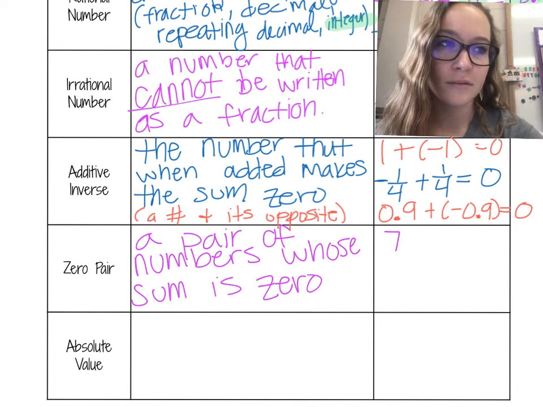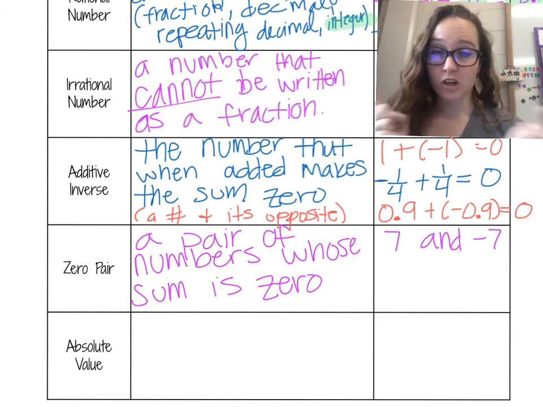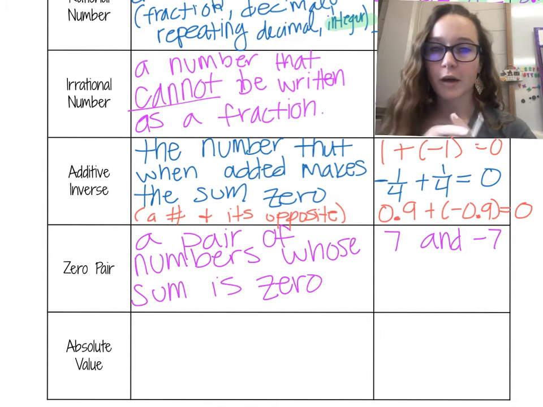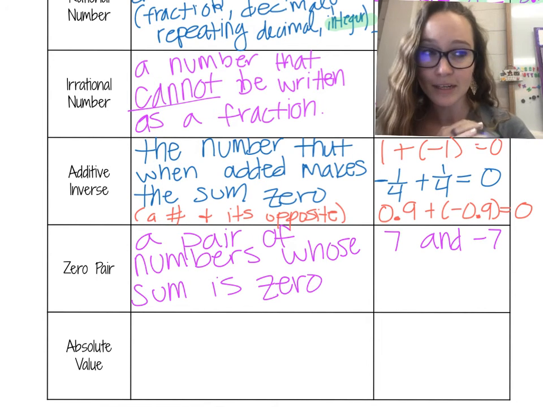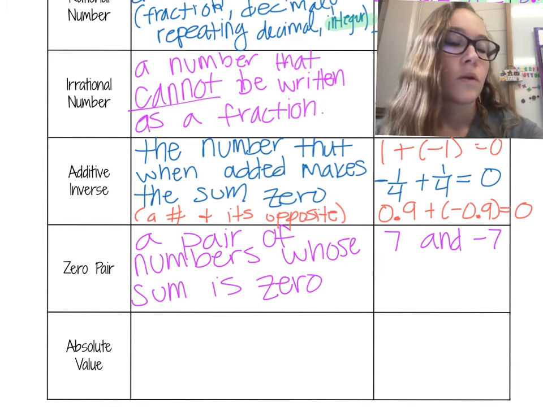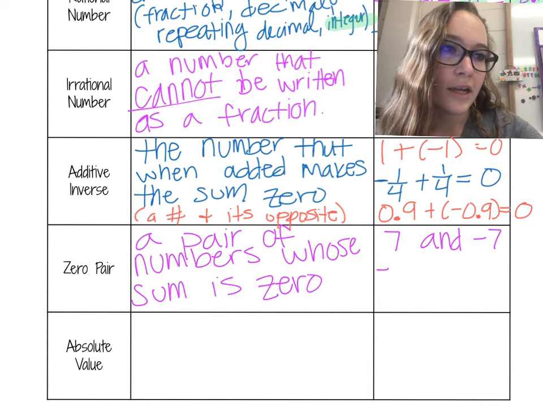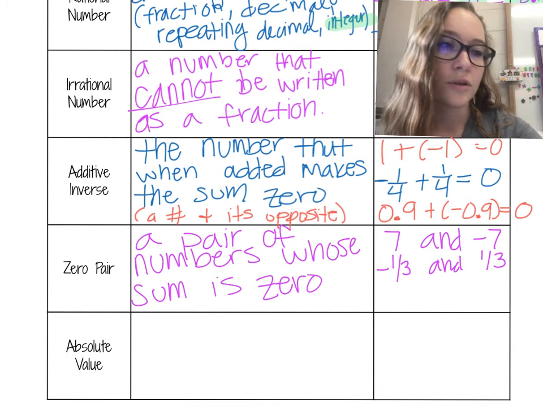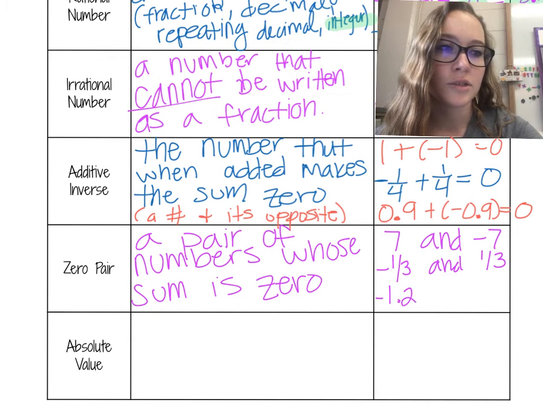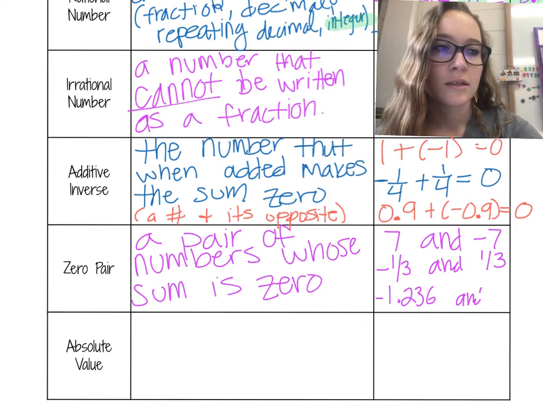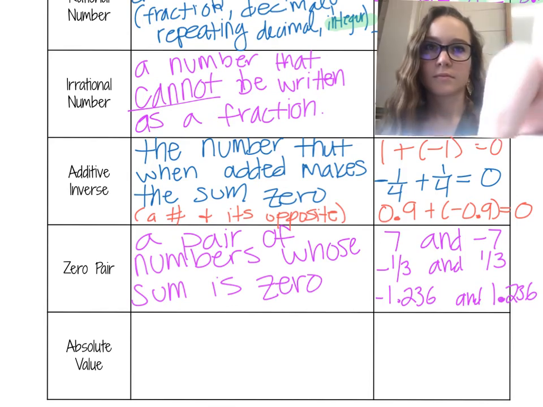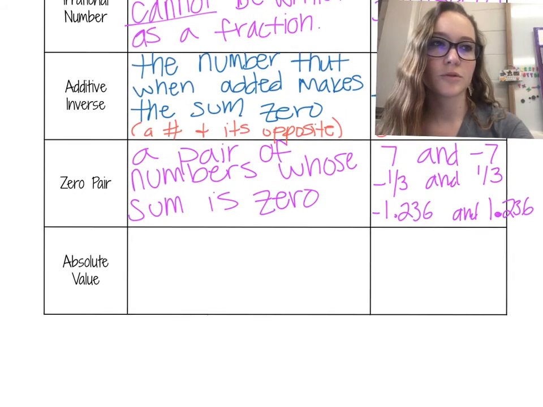So I have 7 and negative 7, because positives and negatives are opposites. So a positive 7, its opposite is going to be negative 7. Or I could have negative 1/3 and positive 1/3. You could have negative 1.236 and positive 1.236. So a pair of numbers whose sum is 0.